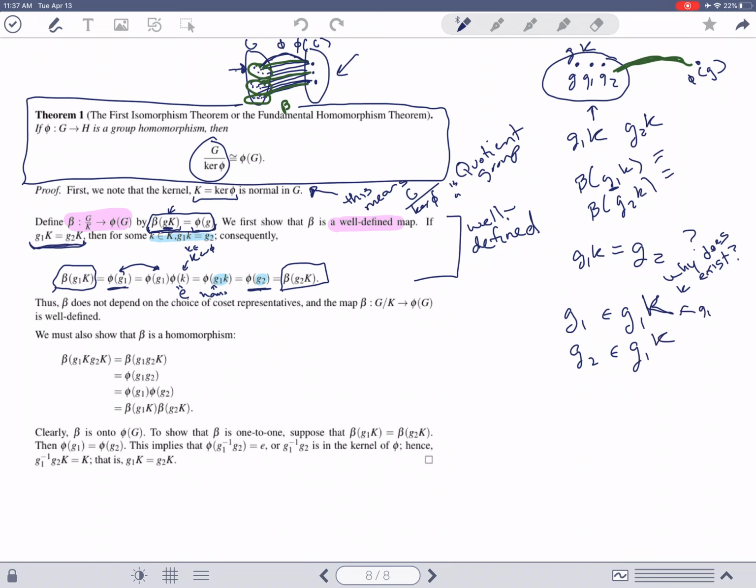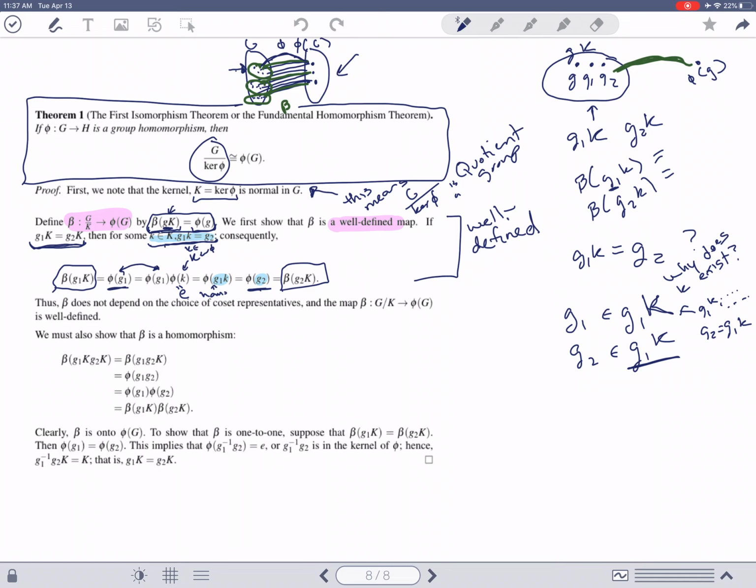Well, it's G1 times various Ks. All right, so if G2 is a member of this coset, because they're in the same coset, that means for one of these things, G2 must equal a G1 times a K. So it's because they're in the same coset that we can hunt down whatever K it is that would match up the parts being equal.